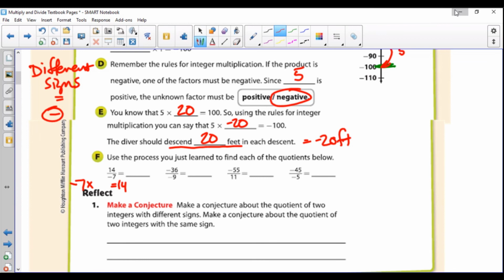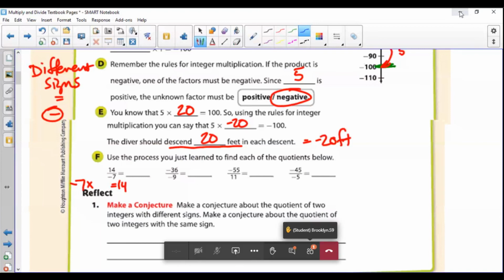Different, okay? So you said different. If I want them to be different, then that's going to get me a negative answer. In this case, I want to get a positive answer. So instead of different signs, I'm going to do the same sign because I want my answer to be positive. So what could I multiply 7 by to get to 14?